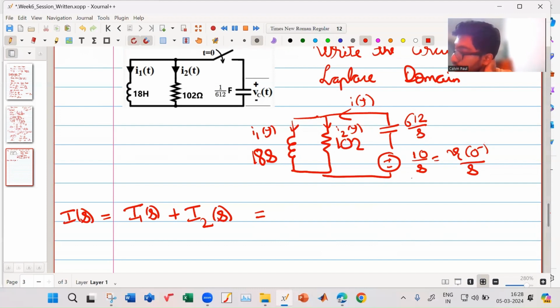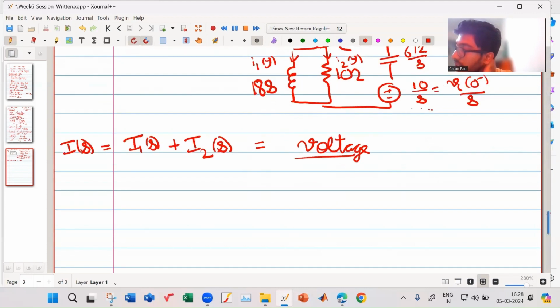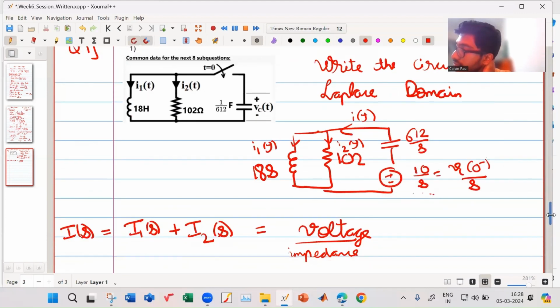That current is the voltage divided by the impedance. What is the voltage over here? It is 10 by S, and the impedance is Z of S.